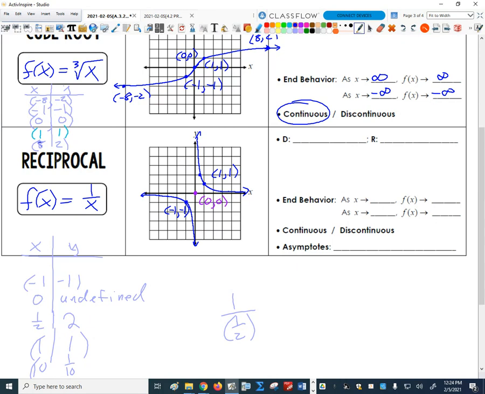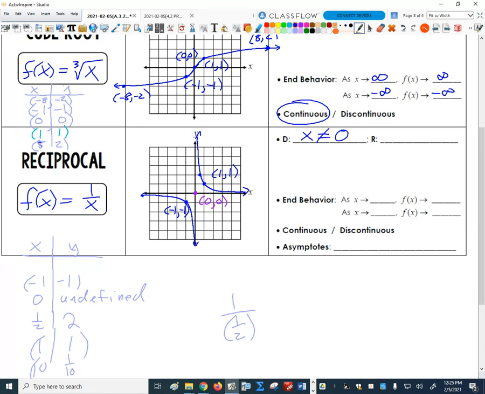The ant could never get to 0. If he walks from the left, he's going to go down forever, but he never gets to 0, right? If he's backing up from the right, he's going to get closer and closer and closer to 0, but the curve just deflects him up forever. He never can actually get there, right? So the domain is x is not equal to 0. Anything else is fair game, but it's never equal to 0.